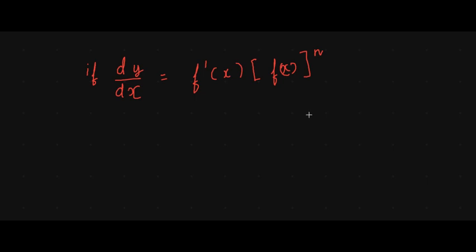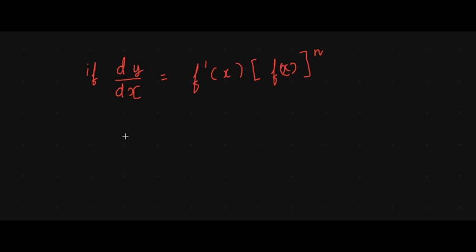Then what is y? The derivative dy by dx is of the form a derivative of x and then the function of x to the power of n.